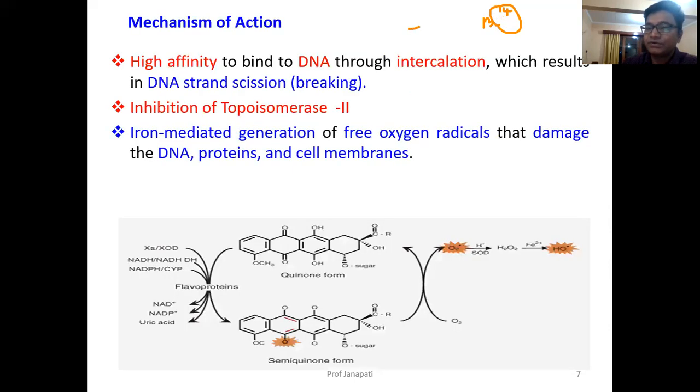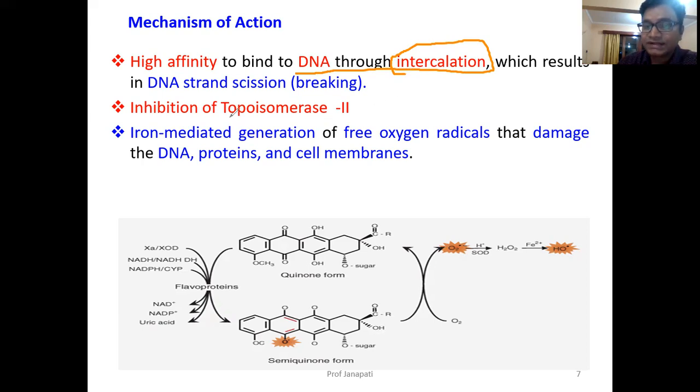Next, we will study the mechanism of action. The main mechanism of action of these drugs is that they have high affinity to bind to DNA by the intercalation process. In the previous slide, we told what intercalation means. Because of intercalation, the DNA shape is distorted, so there is bond breaking in the DNA molecule.